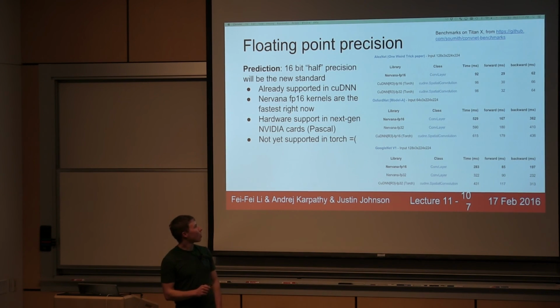There are also other existing implementations from a company called Nervana, who also has 16-bit implementations. These are the fastest convolutions out there right now. There's a nice GitHub repo with ConvNet benchmarks for different types of convolutions and frameworks, and pretty much everything winning all of these benchmarks right now is these 16-bit floating point operations from Nervana, which is not surprising.